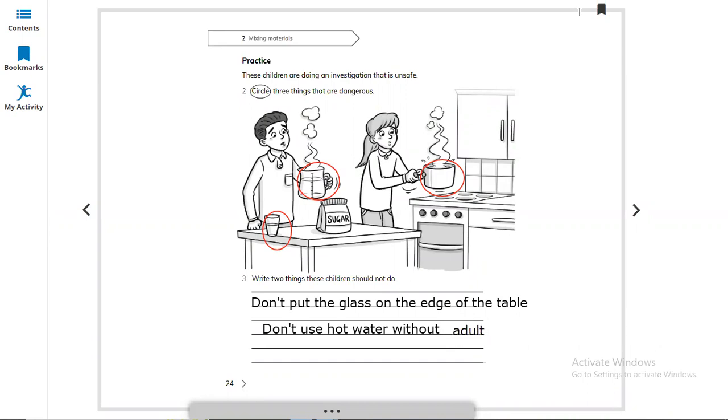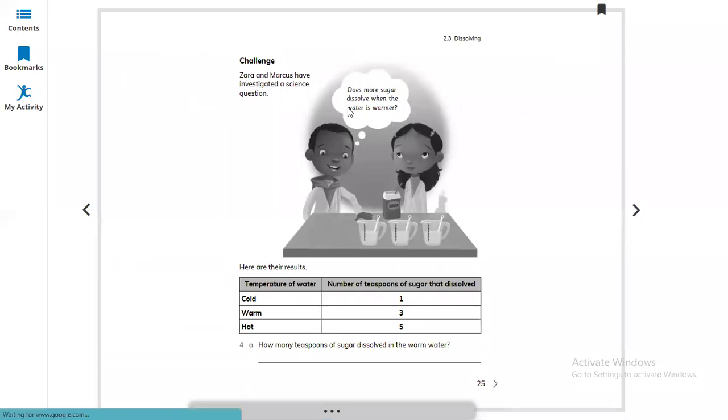Okay, let's move to the next page. Zara and Marcus have investigated a science question. Does more sugar dissolve when the water is warmer? Okay, here are the results. Temperature of water: cold, number of teaspoons of sugar that dissolve 1; warm 3; and hot 5.